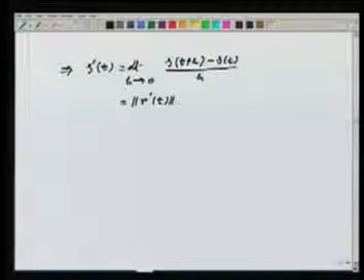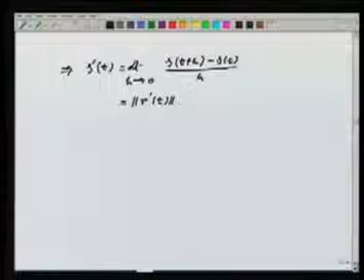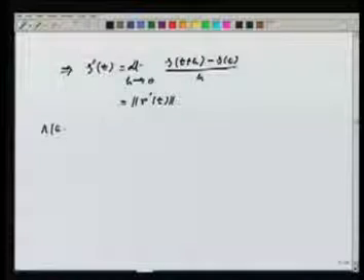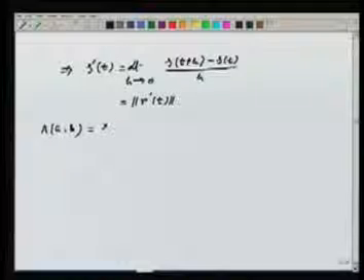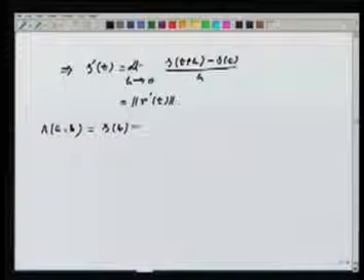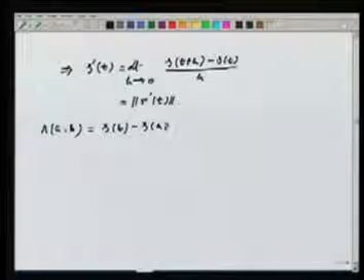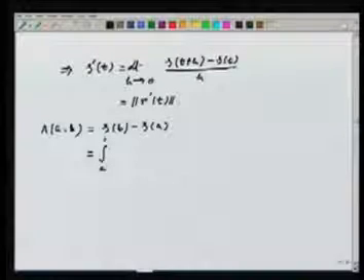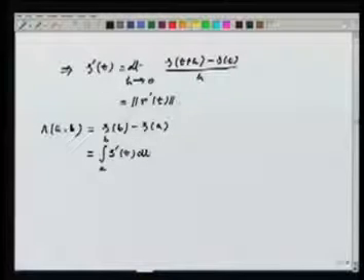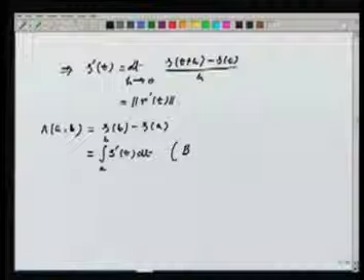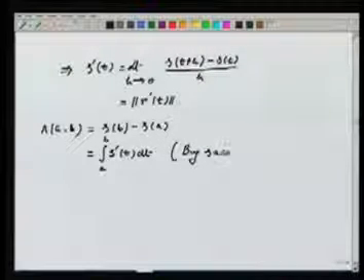Now this has got some interesting consequences, which is precisely what we want to look into. If I look at now lambda(a,b), what is lambda(a,b)? According to my notation it is s(b) minus s(a). But this then, by the second fundamental theorem of calculus, is integral a to b s prime(t) dt.